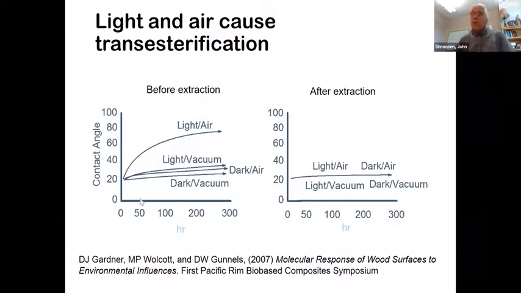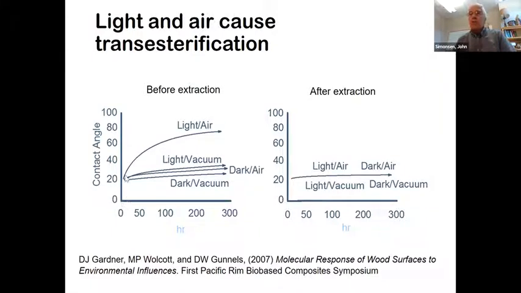So what they did was, before they extracted it, and these are hours after application, when they measured the contact angle. So here they measured, and this is the contact angle over here.